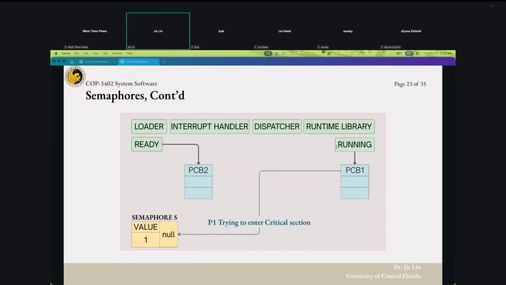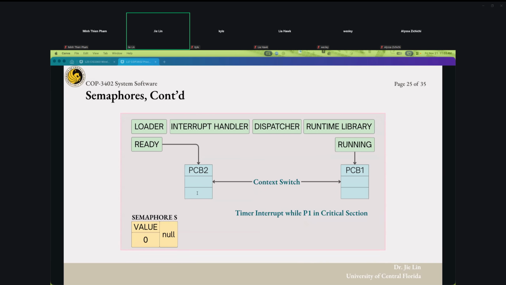At this moment, P1 executes the semaphore operation P of S, attempting to decrement the semaphore value and acquire access. As you can see here, the value of the semaphore is successfully decremented from 1 to 0, indicating that the critical section is now occupied. P1 thus enters its critical section. Simply notice the value here. No other process can immediately enter.